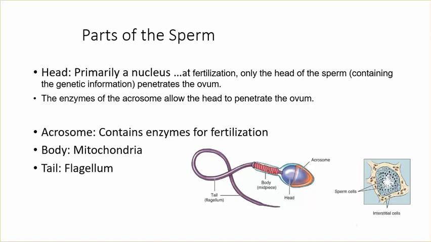Just below the head, there's the body of the sperm, and it contains the mitochondria and the mechanisms that make the flagella move. And then there's the tail, which is the flagellum, which propels the sperm, makes it able to swim.